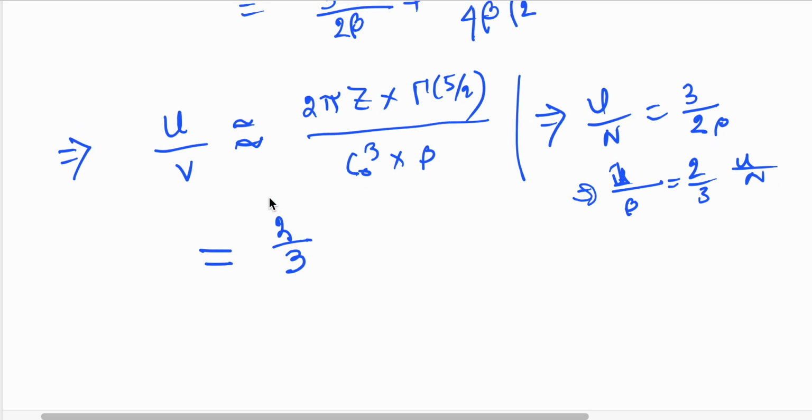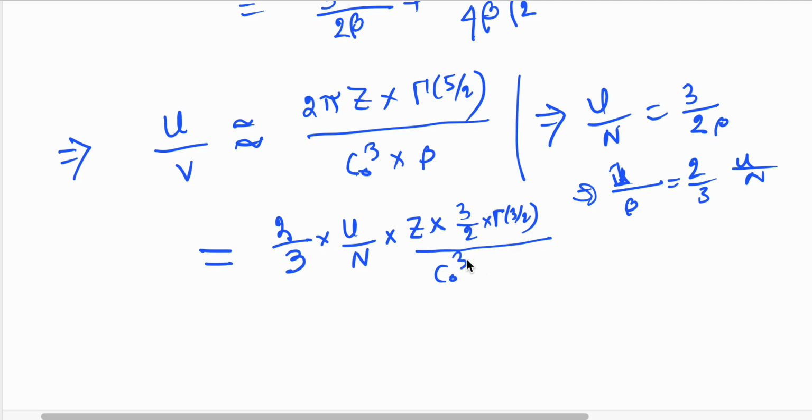So 2/3 u by n into z, into gamma 5 by 2, which means gamma 3 by 2, by c0 cube.